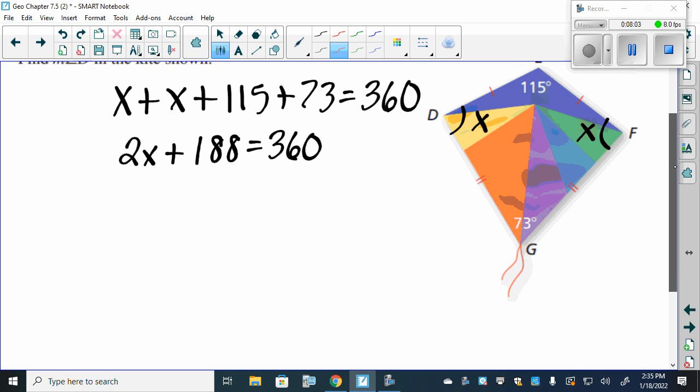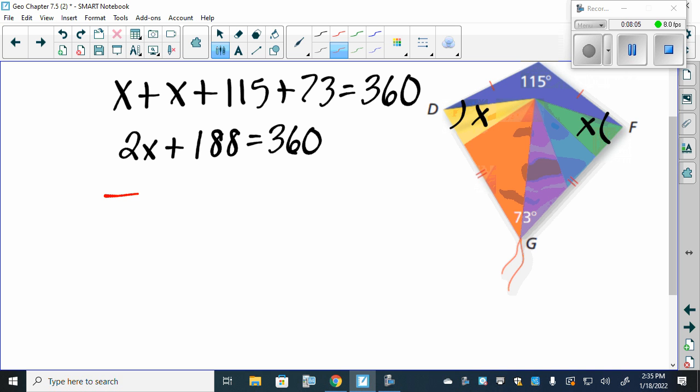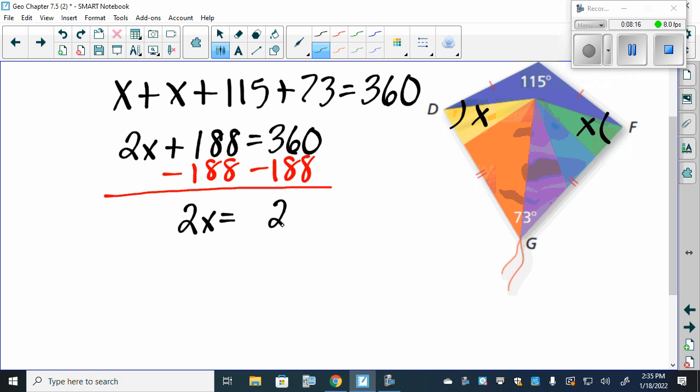Then what can we do next? We can subtract 188 from both sides, which will tell us that 2x is equal to 172.